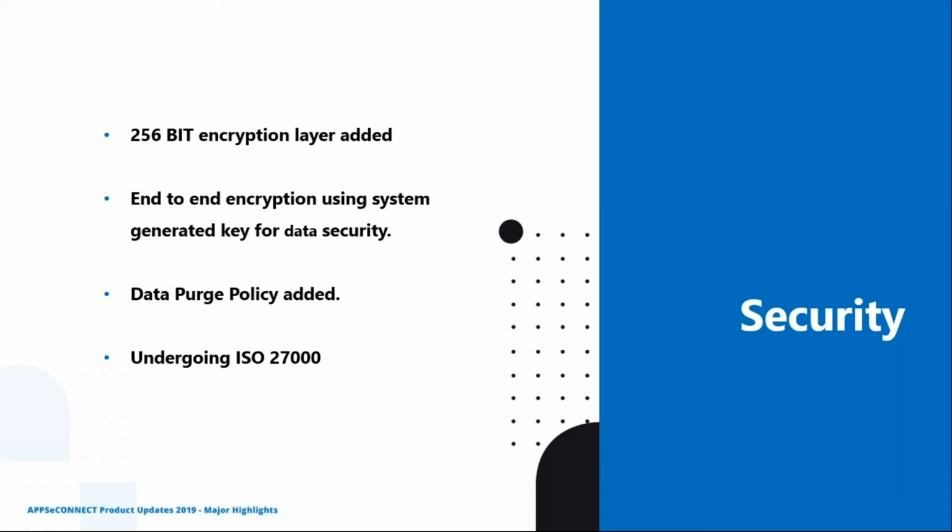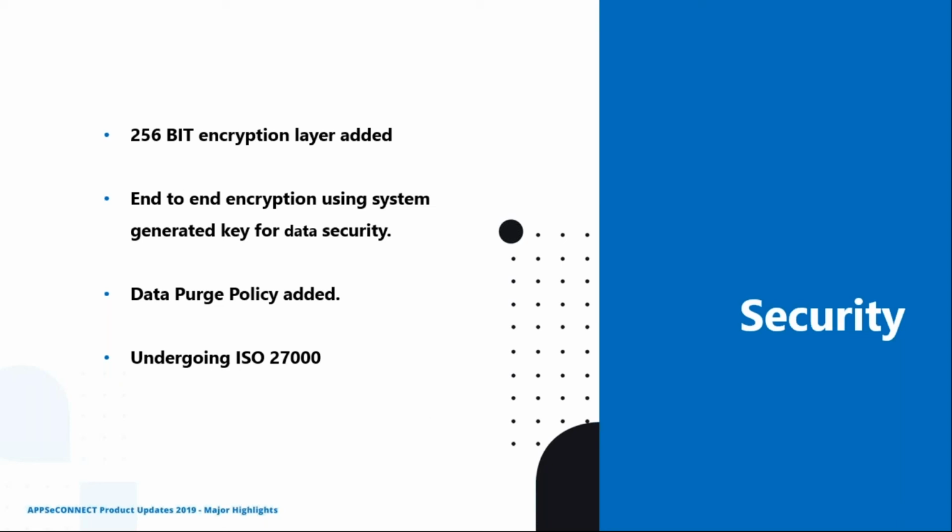We have also added a data purge policy because we got feedback that a lot of transactional data is being created on the on-premise systems. So we have added a 15-day data purge policy, which allows the on-premise environment to be clean and more performant.